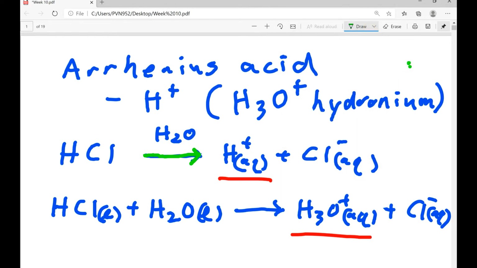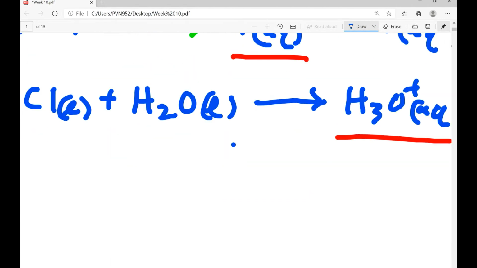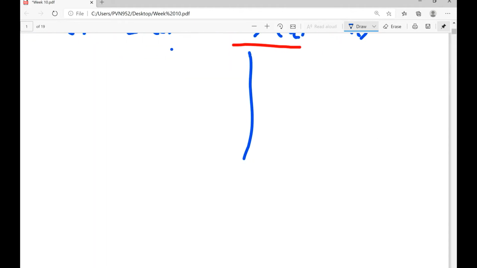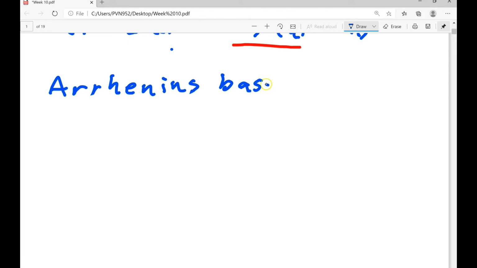Now, what an Arrhenius base is as follows. An Arrhenius base forms hydroxide or OH- ions in solution.